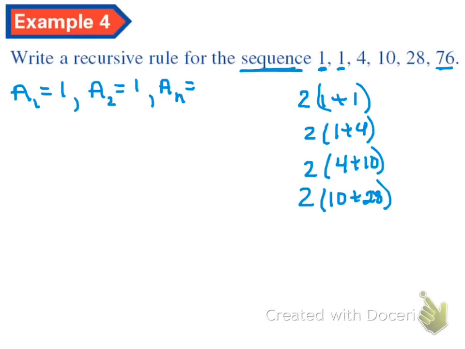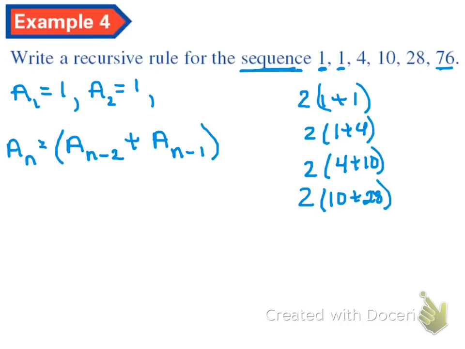So how do we write the two previous terms? Remember, to write the two previous terms, we need to go back 2 terms. So we want n minus 2 plus, we want to go back to just the previous term, that's n minus 1. And then we want to take that sum and we want to multiply it by 2.